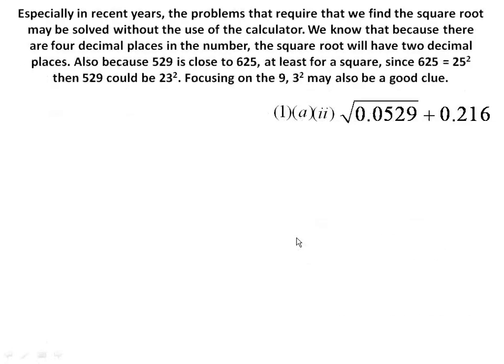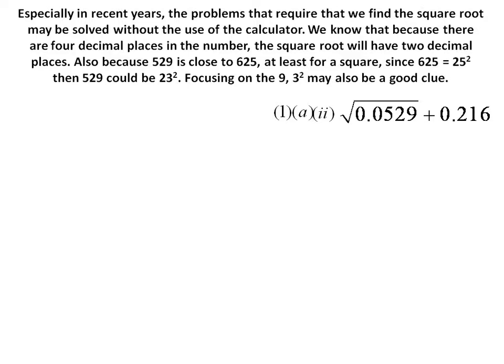Now we'll be working with decimals. Especially in recent years, the problems that require that we find the square root may be solved without the use of the calculator. We know that because there are 4 decimal places in the number, the square root will have 2 decimal places.